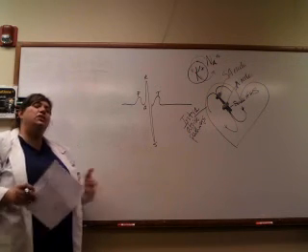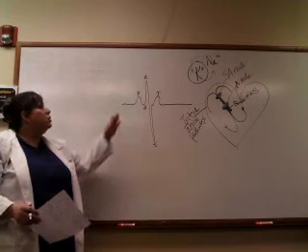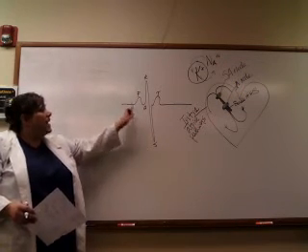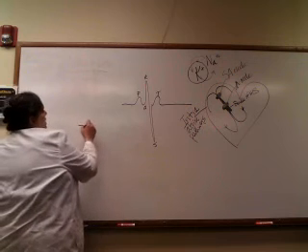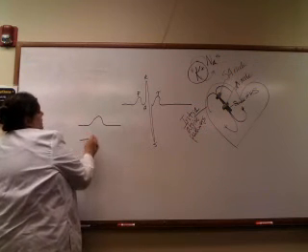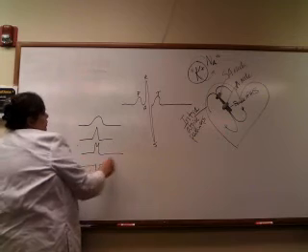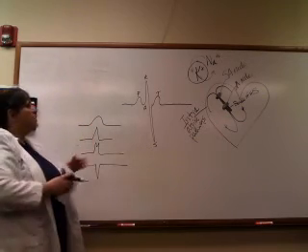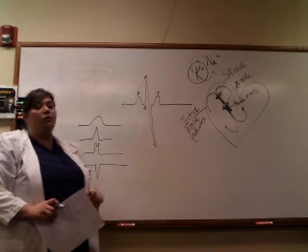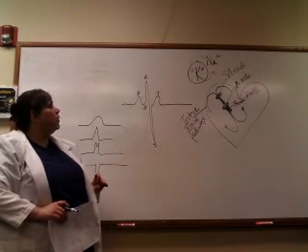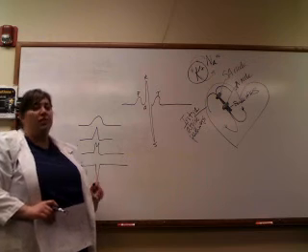So if you're needing to look at what's going on with the atrium, you need to look at the P wave, okay? And you should have a nice rounded P wave. It shouldn't be pointy, it shouldn't be double notched, it shouldn't be inverted, it should be nice and rounded. And that's going to mean that it's coming from the SA node, actually. But if you're looking for what's going on in the atrium, you want to look at the P wave.